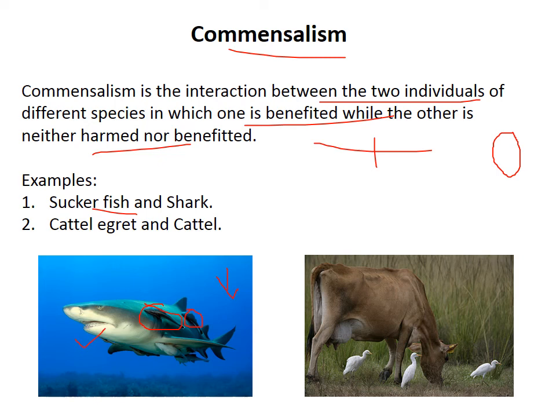Another example is cattle egret and cattle. As the cattle move in the field, insects come out and are eaten by the cattle egret. So the egret benefits, but the cow gets nothing. That is commensalism.